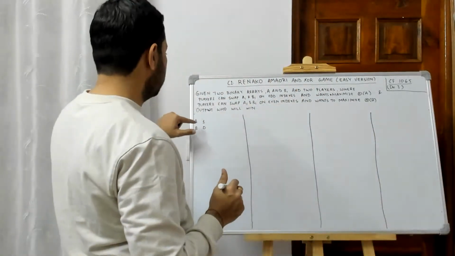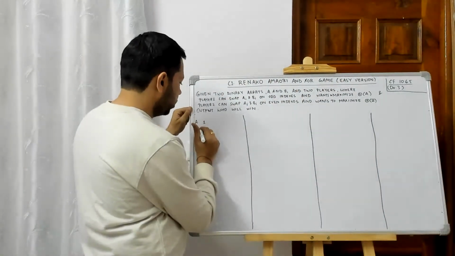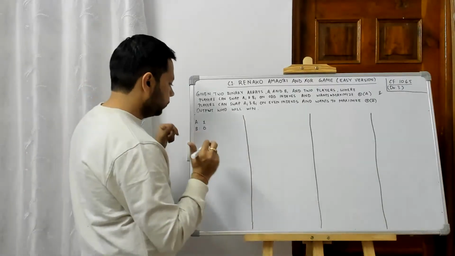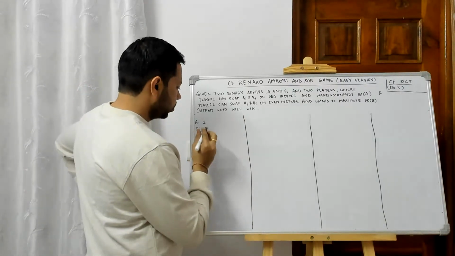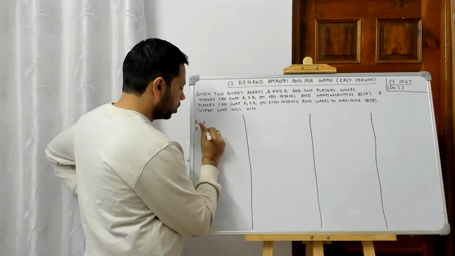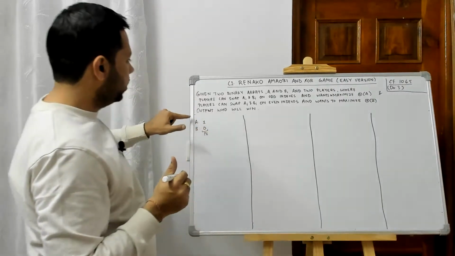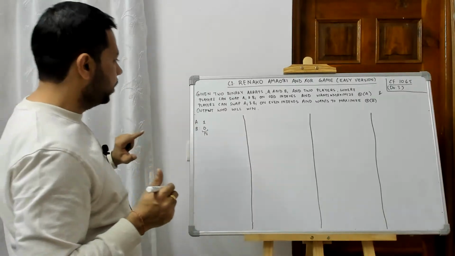So first example is A is 1 and B is 0. Guess who will win here? Player 1 can swap these two values. Player 1 can make B as 1 and A as 0.